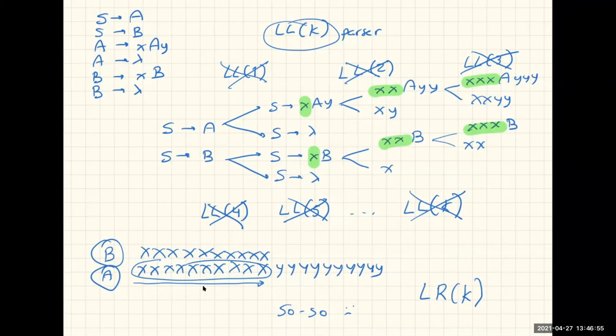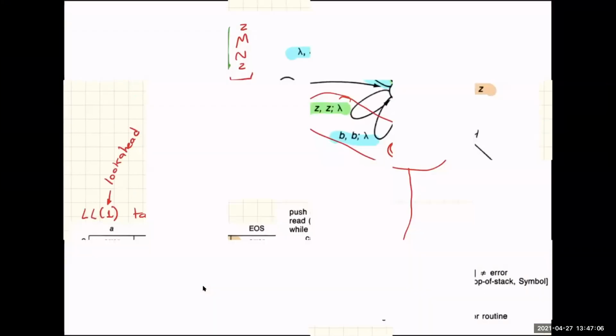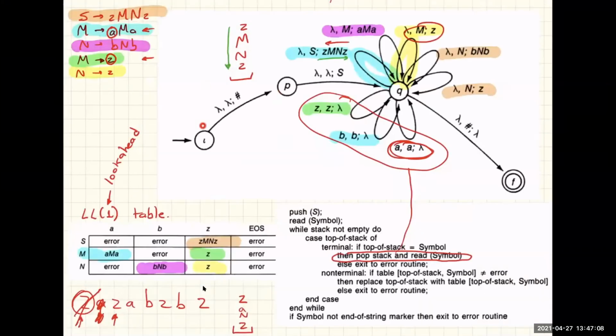Okay, so now let's see an LRK parser. Before doing so, do you remember, let me go back. Do you remember I told you there were two different ways of doing this? We have seen the first one. Now let's see the second one, the LR parsers.